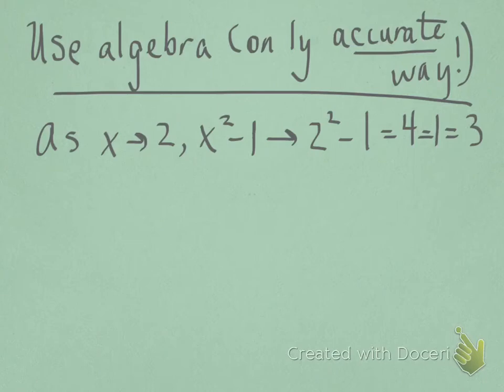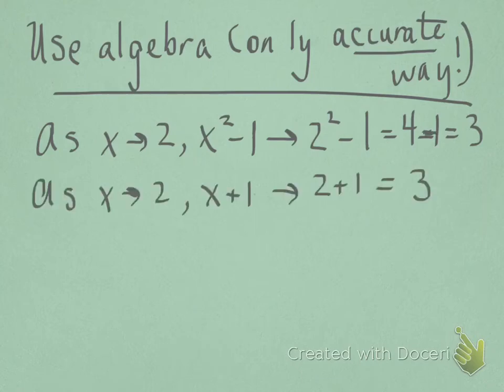As x goes to 2, the quantity x squared minus 1 is getting closer and closer to the quantity 2 squared minus 1, which is 4 minus 1, which is equal to 3. And in the denominator, as x goes to 2, x plus 1 is going to 2 plus 1, which is also equal to 3.